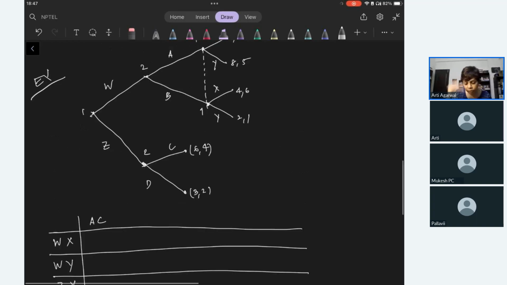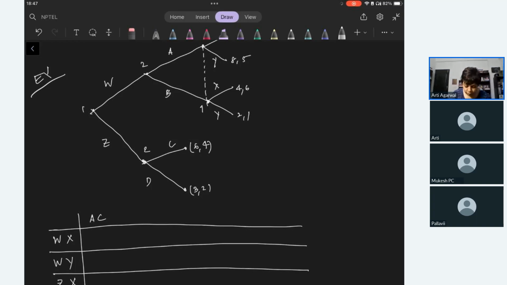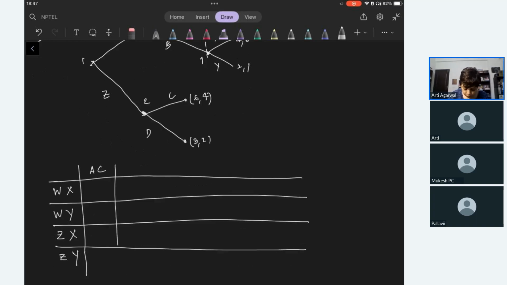So you see, I'm writing it from top to bottom. I'm writing A, C, A, D, but what you wrote is also correct. You can interchange the letters. That is fine.